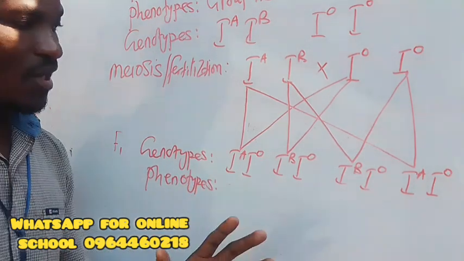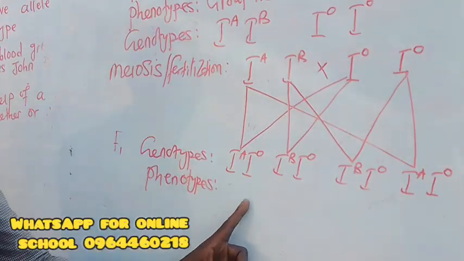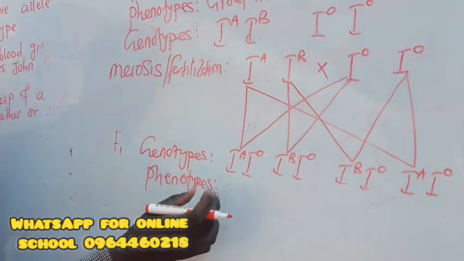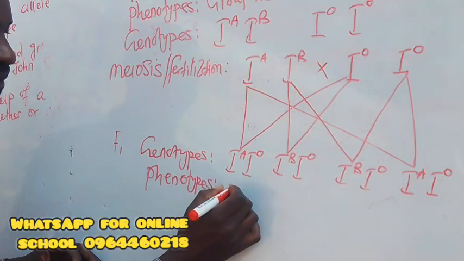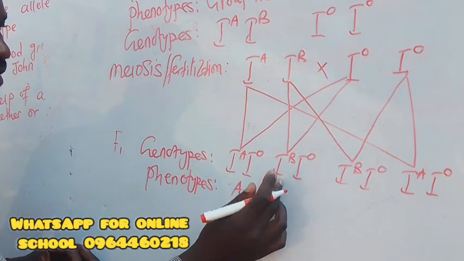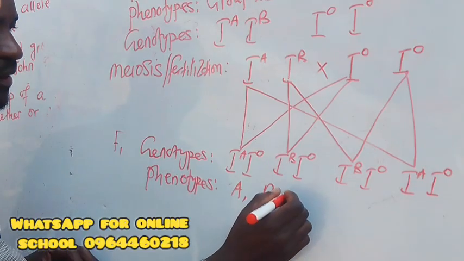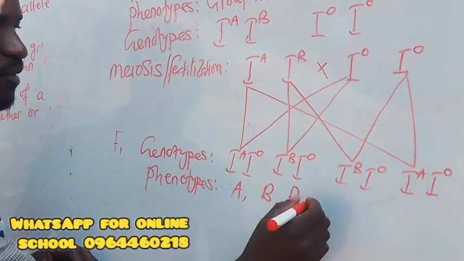The phenotype is just for us to come up with the representation, as in what this means. So this is blood group A, this is blood group B, this one is B, and this one is A.